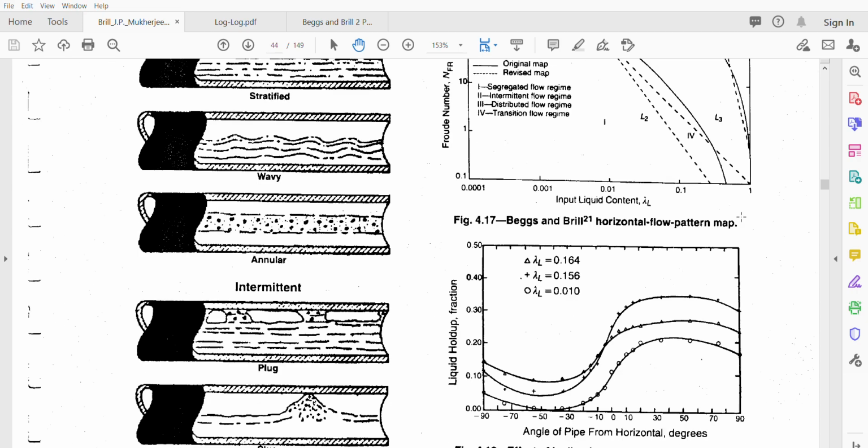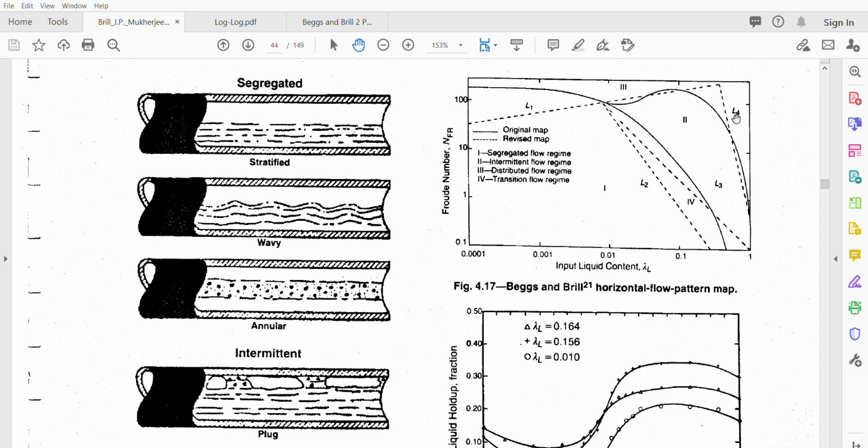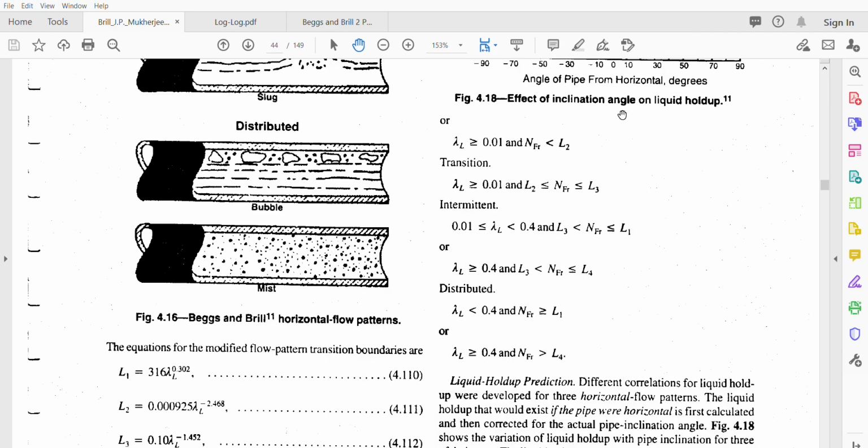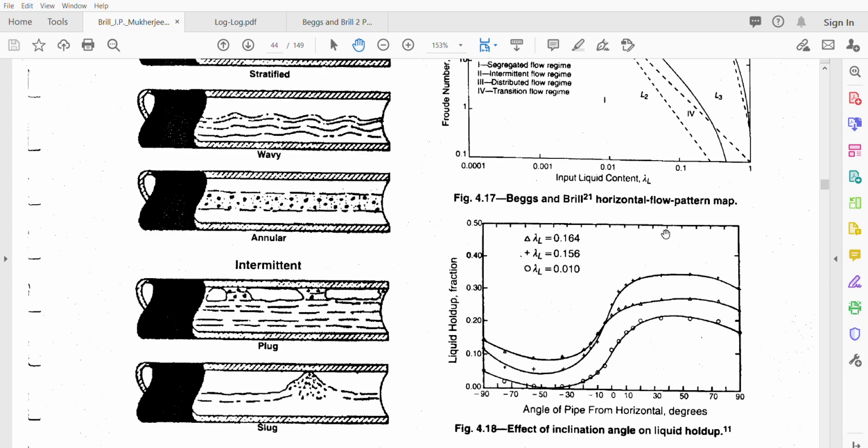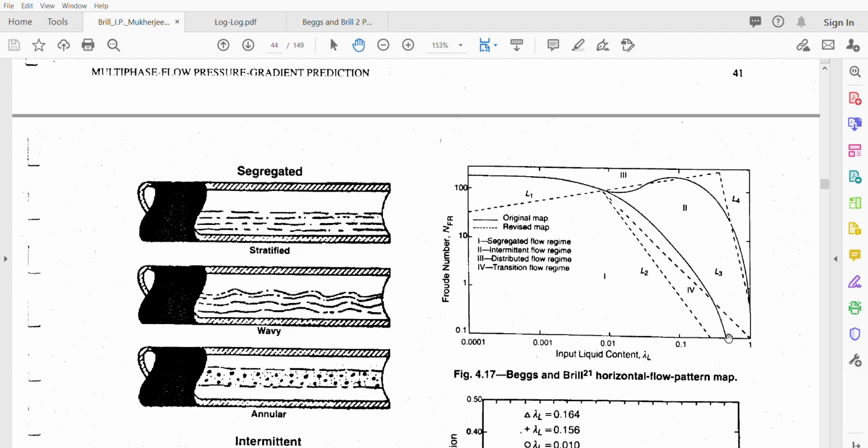And then the fourth one is distributed. It's outside here. If lambda L is lower than 0.4, NFR should be higher than L1.